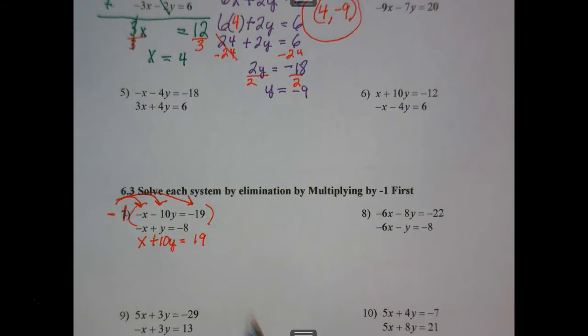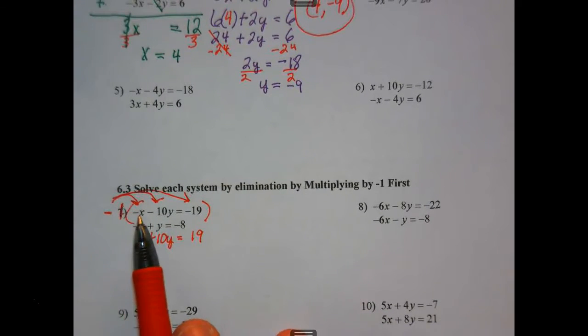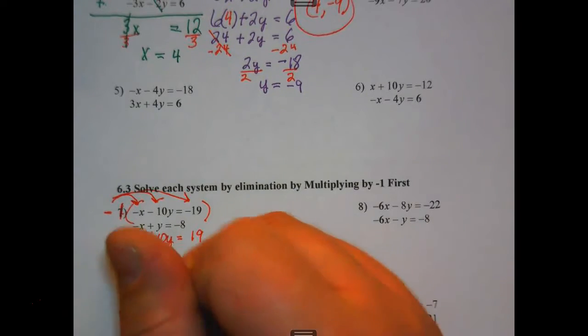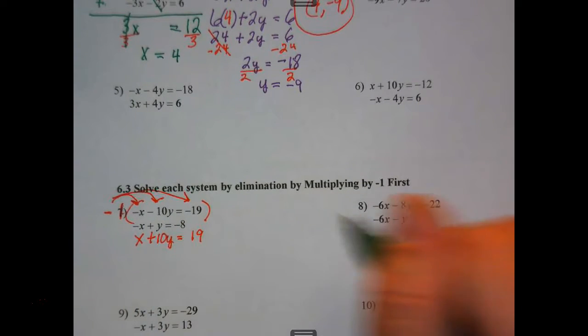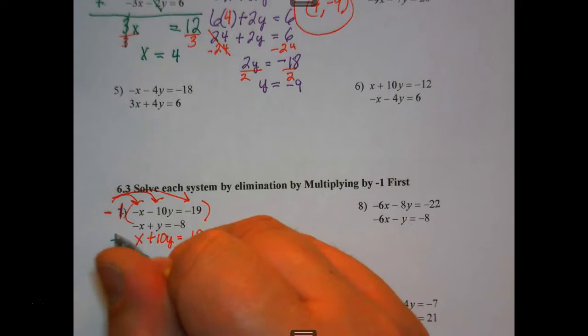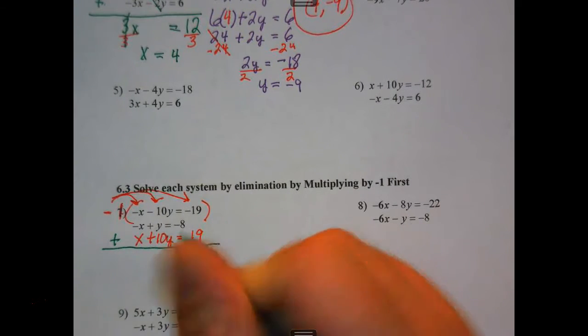Now, if you were careful, you could actually add them just like this. If you line them up right and you can read it, you don't have to rewrite that second equation. If you got sloppy, well, just rewrite the second equation. Add them together.